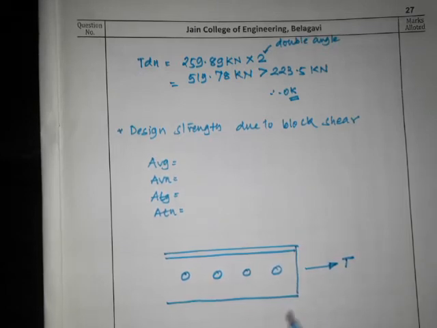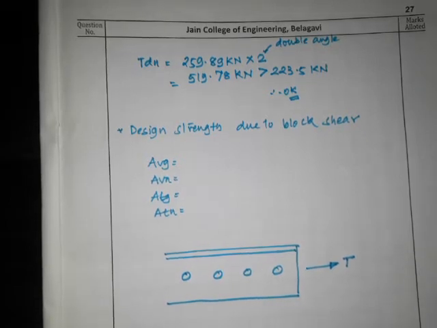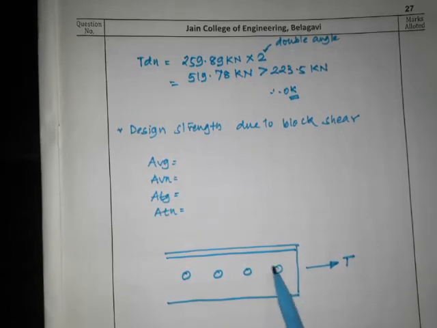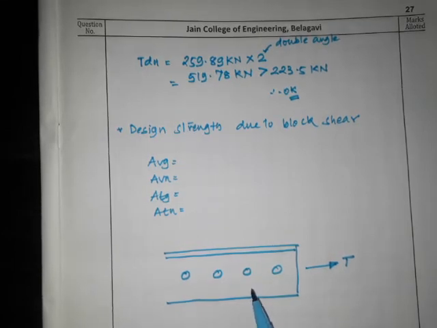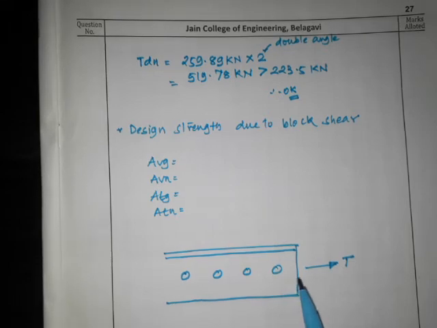So what will happen? Because of the bolt hole, the maximum stress developed will be near the bolt hole, because we are making that section weak by providing a hole.